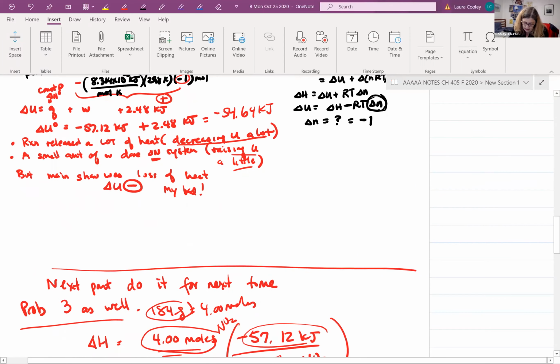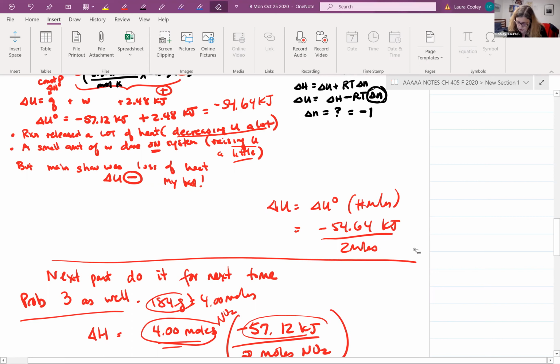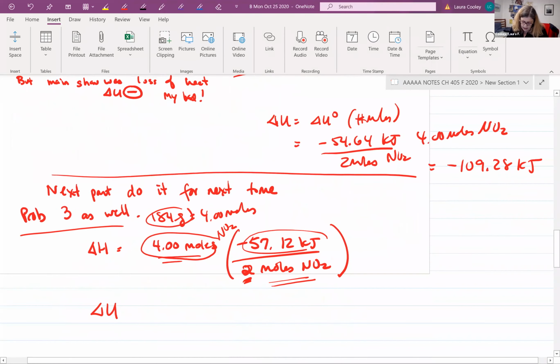So delta U would be negative 54.64 kilojoules per 2 moles NO2 times 4 moles. Again, it's multiplying by 2. I did this for the delta H last time, and that comes out to negative 109.28, whereas this came out to negative 114.2.